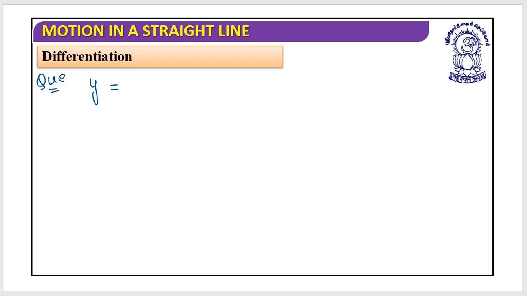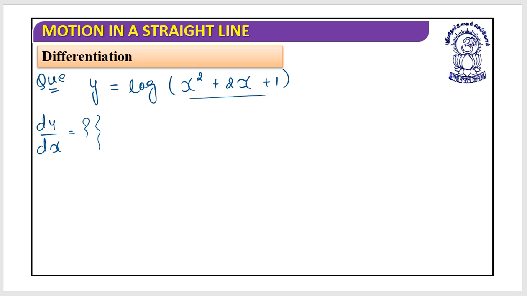y is equal to log of x square plus 2x plus 1. What I need to do is calculate dy by dx. How could I do this? So let's say the first task would be, let's assume there's a certain number, let's say u.